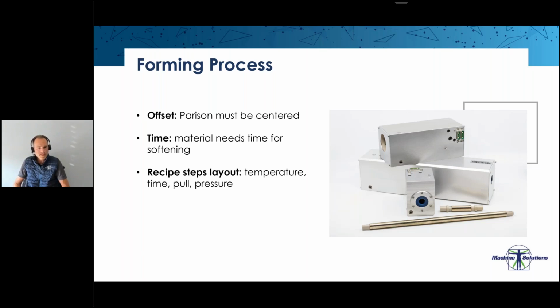The recipe steps that are laid out in the BW-TEC machines are: first, we increase the temperature, we give the machine the time, we give the temperature the time, the material the time to soften. Then we stretch, we pull on the tube, and then again, we increase the pressure for the next forming step.